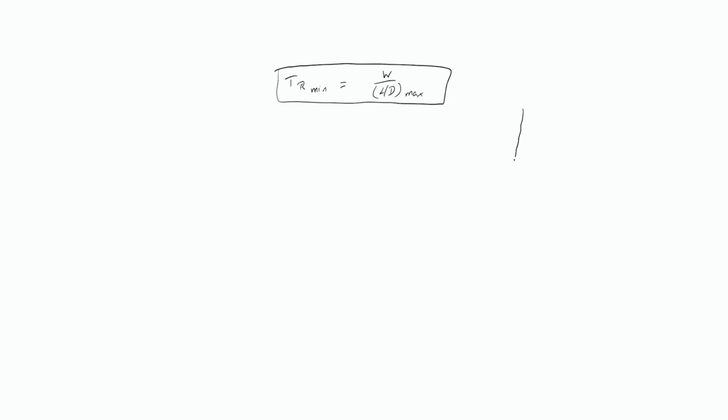You can also plot the curve between L by D versus alpha. It more or less looks like the CL versus alpha curve. Here also we have L by D max. L by D is again a function of alpha.